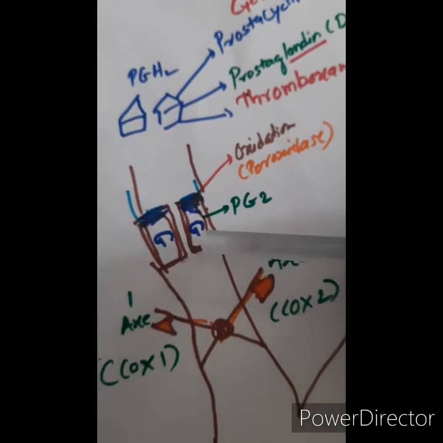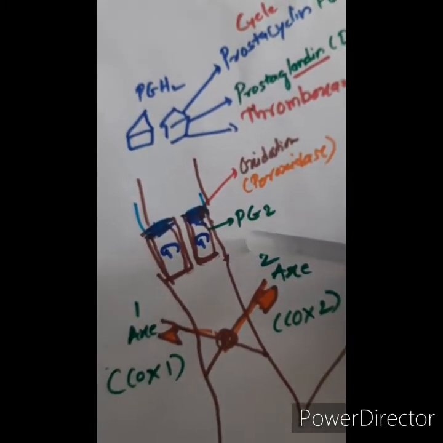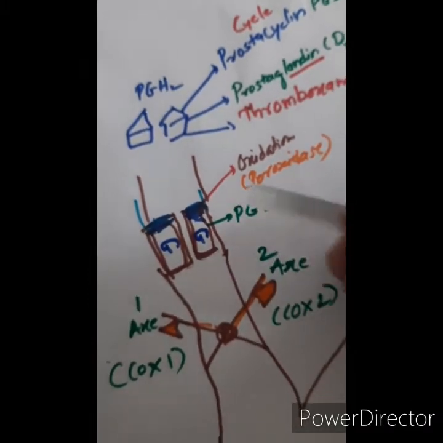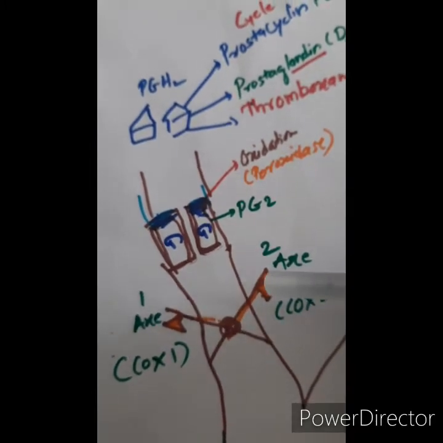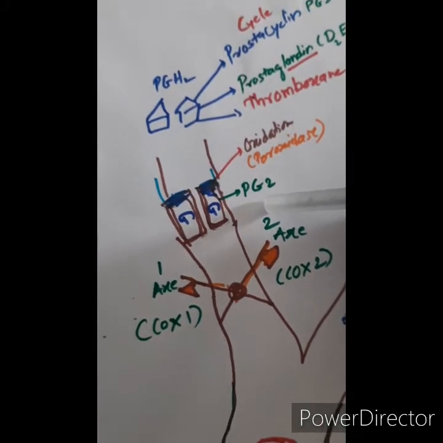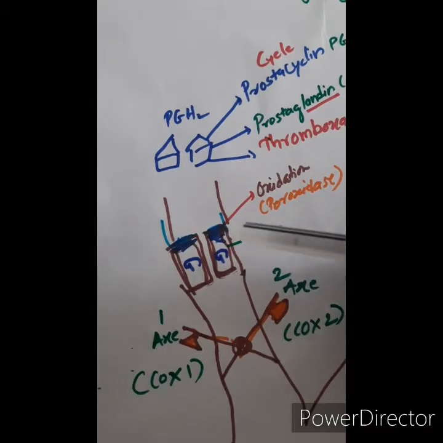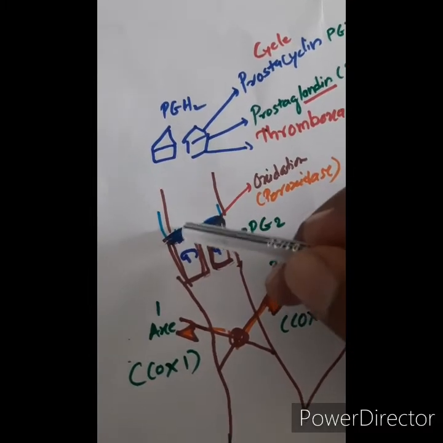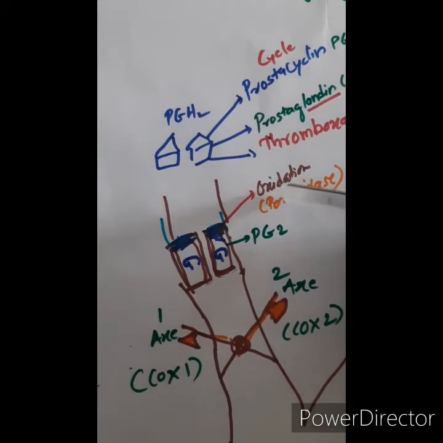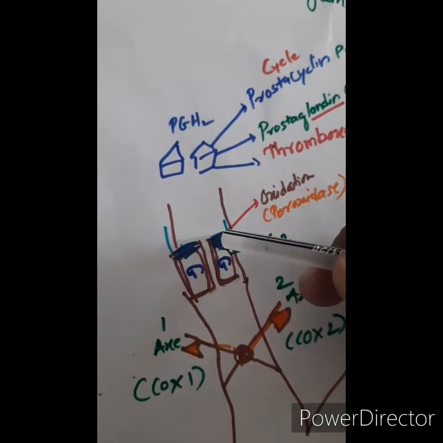So two biscuit boxes are there, and for that we have to remember PG2, prostaglandin 2. These enzymes convert arachidonic acid into PG2, and because the boxes were kept for quite a long period of time, some erosion happened. We can correlate that with oxidation. So the next enzyme is peroxidase.